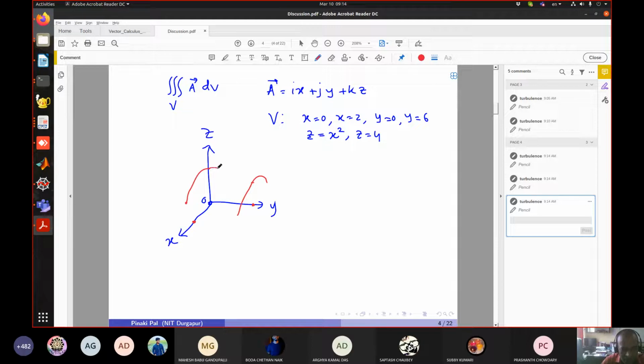This part is there. This one is the paraboloid, and z equal to 4 means you have a point over here and something like this.